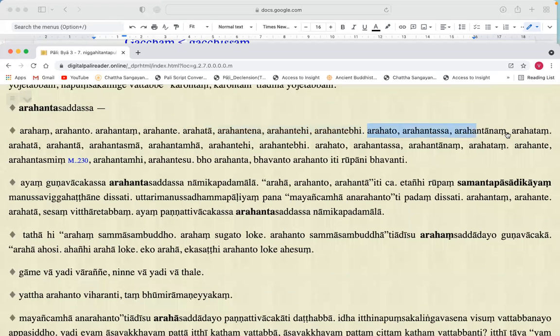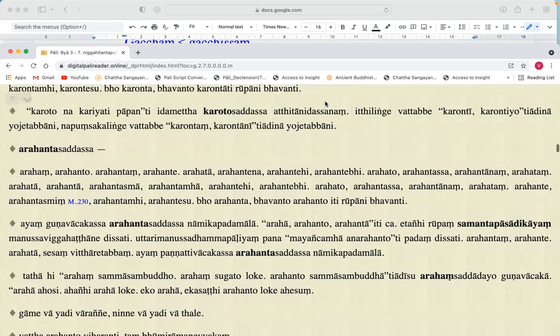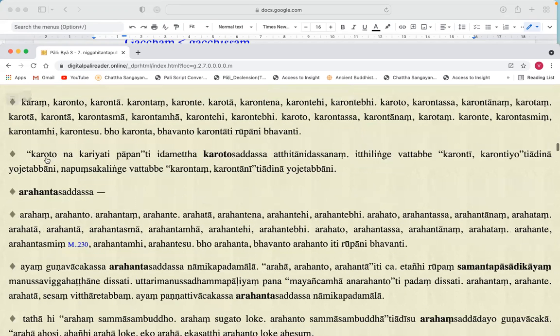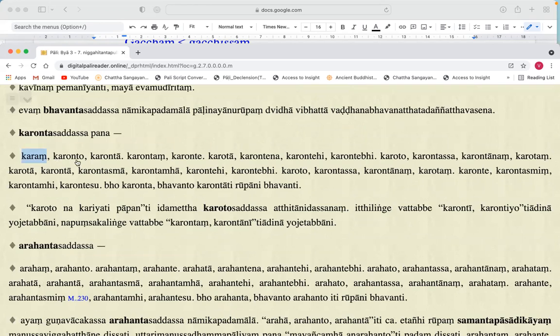So Arhado, Arhandasa, Arhadan, Arhandanan, the dative and genitive. So Arhat is also a present participle actually. So Karam, Karondo, Karonda. Whether Karondo is singular or plural, we could not see. But Karondan, Karonde, that is accusative case in this way.